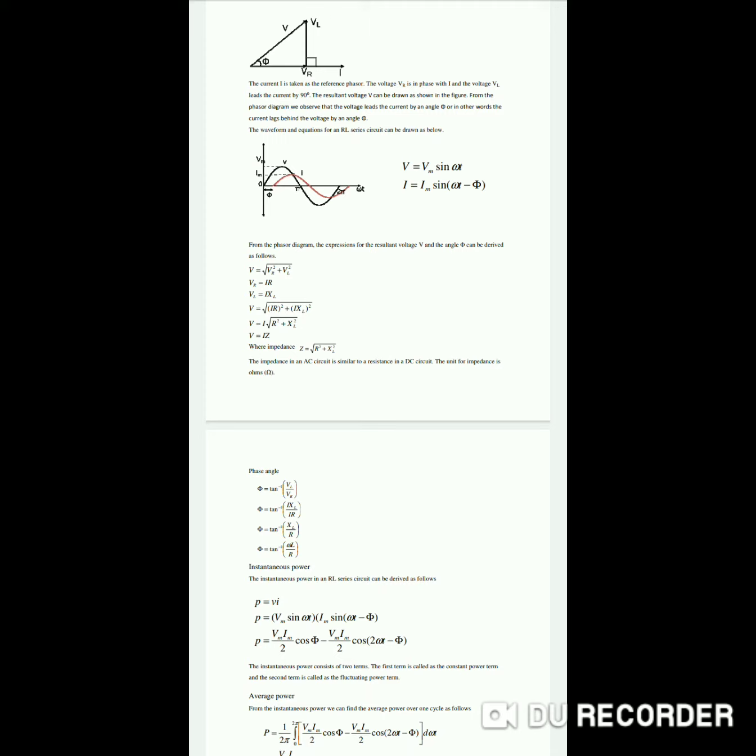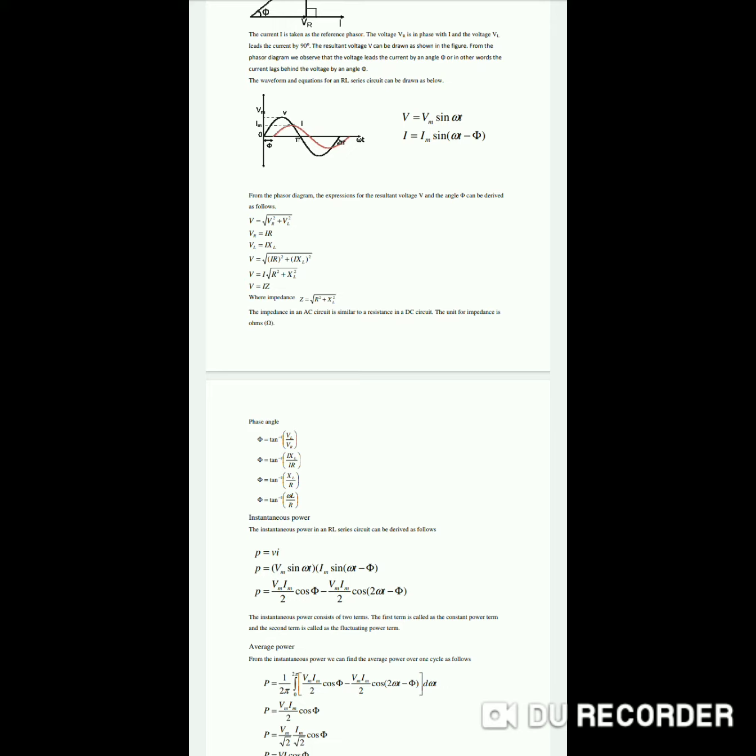VR we know is IR, and VL we know is I into XL. Substituting that in the above equation, V is equal to square root of IR whole square plus IXL whole square. Current is common, so I take it outside. So V is equal to I into square root of R square plus XL square.